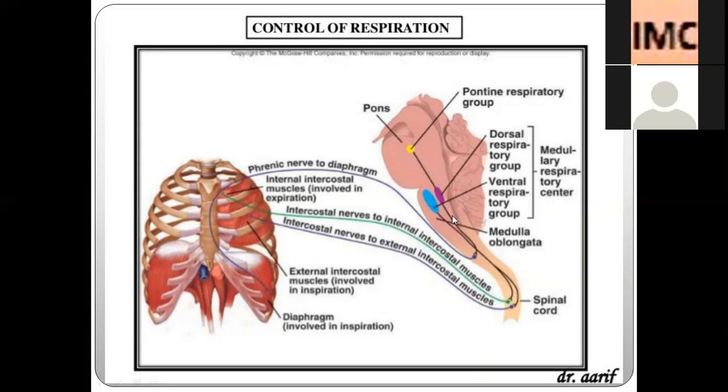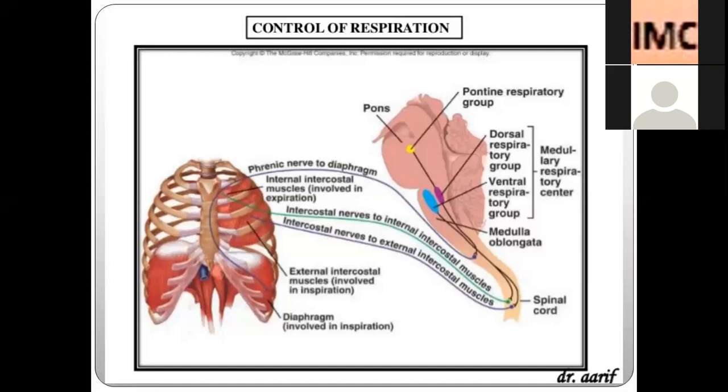So these centers, via the nerves, this is the spinal cord. These centers will give the nerves, and these nerves are going to supply the muscles of respiration. The major muscle, of course, is the diaphragm, and the second major muscle is the external intercostal.